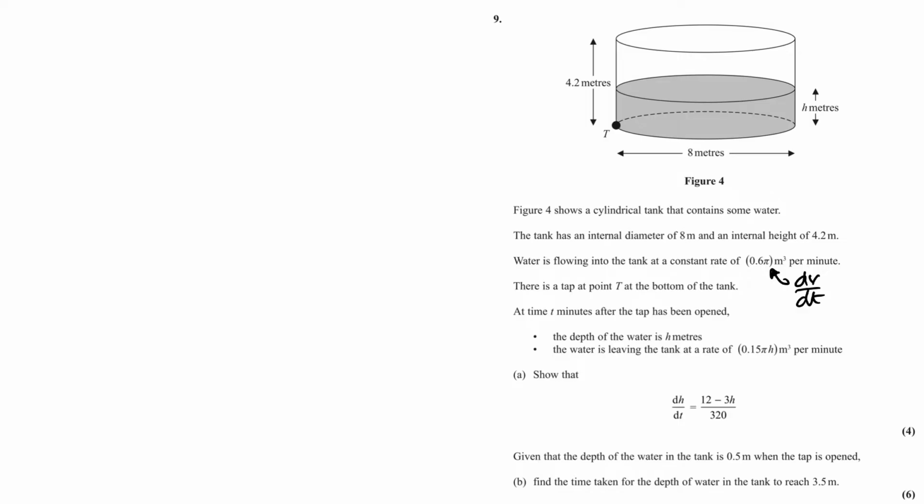And then if I look further down, when we start this actual question, this is the same, dV by dt. But this is a rate leaving. So I can quite comfortably say that dV by dt is going to be my 0.6 pi minus 0.15 pi h, times that height. So that's my dV by dt.